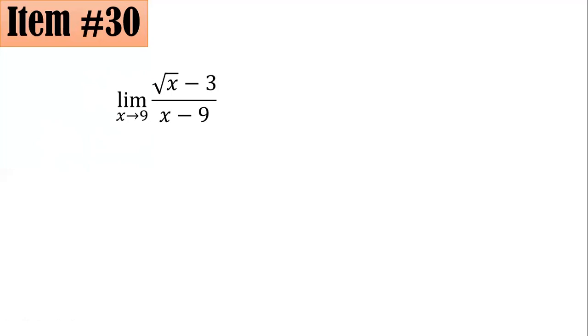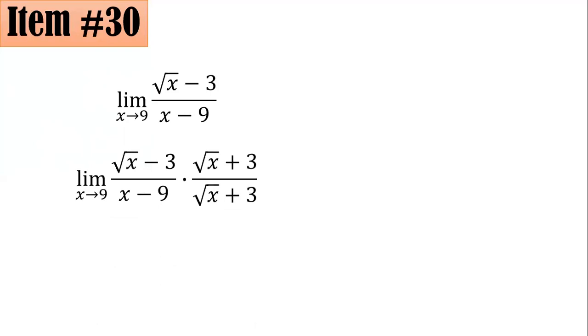If this is the case, you could actually employ L'Hopital's rule. You could also multiply both numerator and denominator by the square root of x plus 3, and you will see why. Doing this simplifies the numerator. Square root of x times square root of x will be x, and negative 3 times 3 will be minus 9.